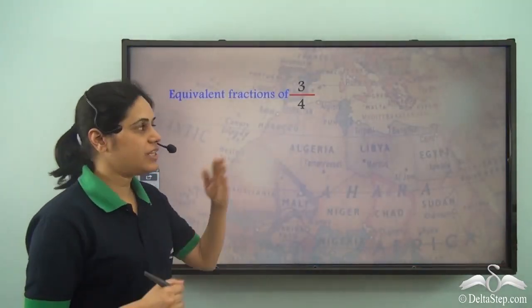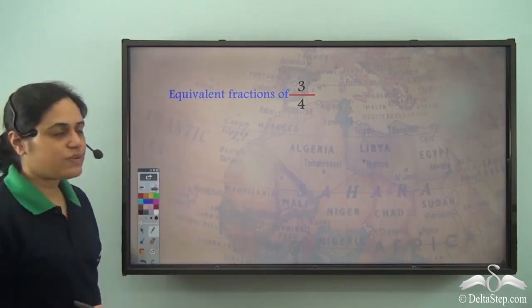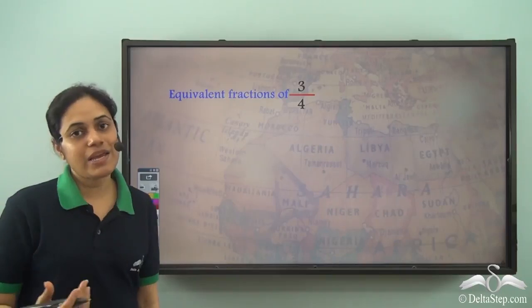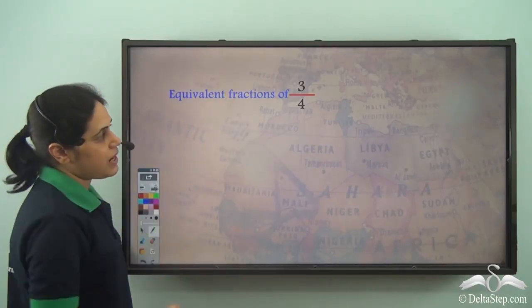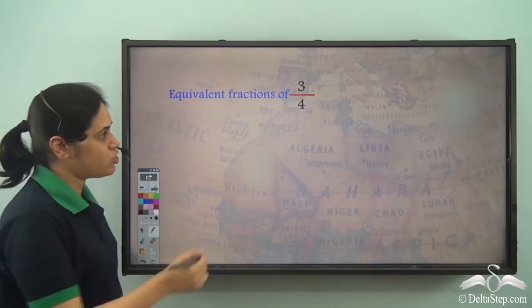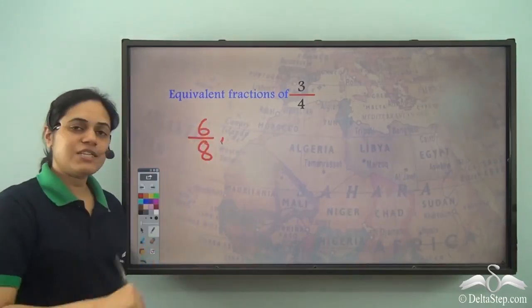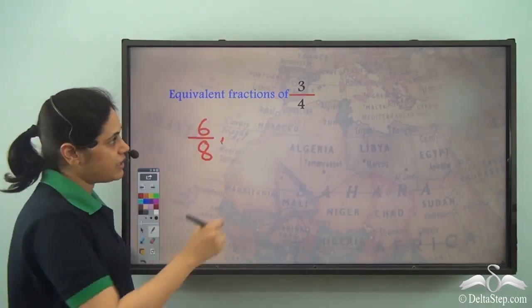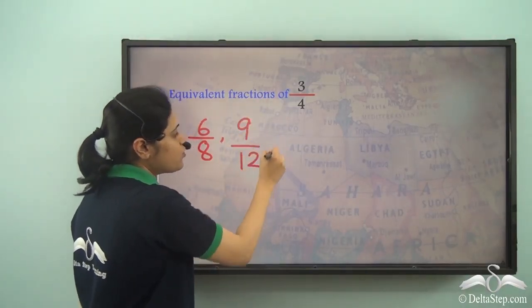First, let us write the equivalent fractions of 3 by 4. So how can we write equivalent fractions? By multiplying the numerator and denominator by the same number. So if I multiply both the numerator and denominator of 3 by 4 by 2, I get 6 by 8. If I multiply the numerator and denominator by 3, 3 into 3 gives me 9, 4 into 3 gives me 12.